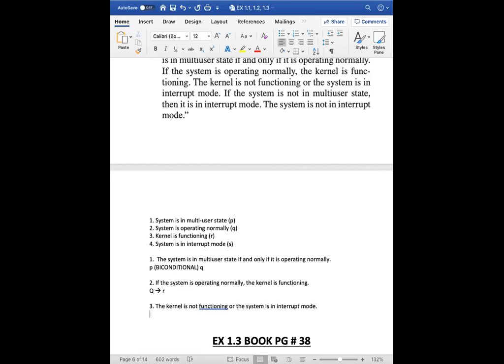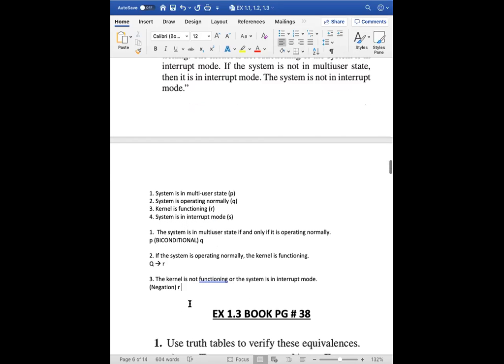In order to represent this, we will make use of the third statement, represented by R. The kernel is not functioning, so we negate this: negation of R. Again, you have to use the symbol for this and not just write it in English like myself, because I don't have the symbol here.